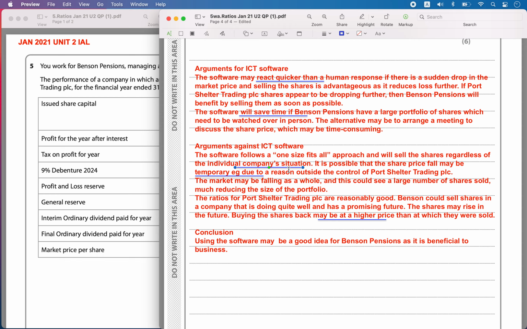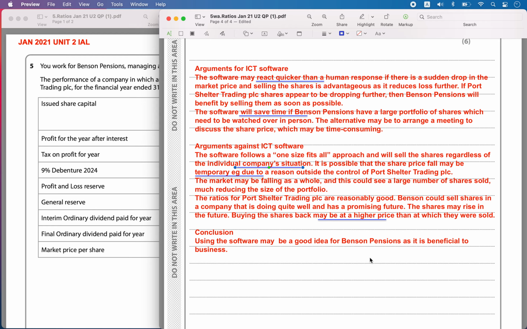So it might not think about other aspects of the situation, such as a temporary reason outside the control of Port Shelter Trading PLC, a new change in government, or some finance budget introduced, which might not even affect this company.